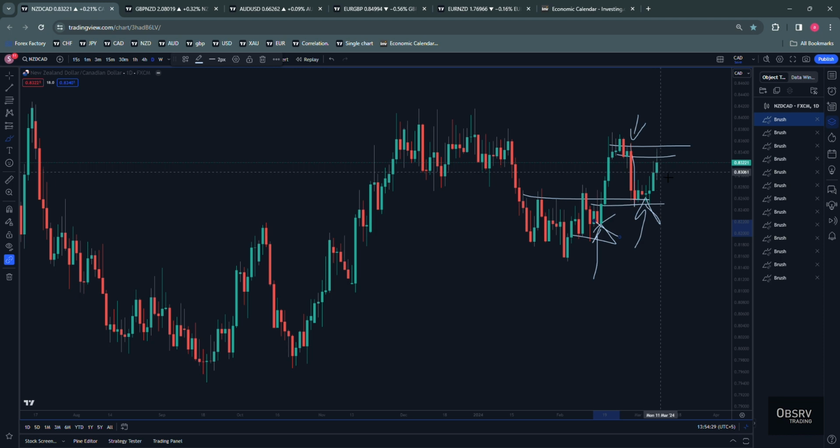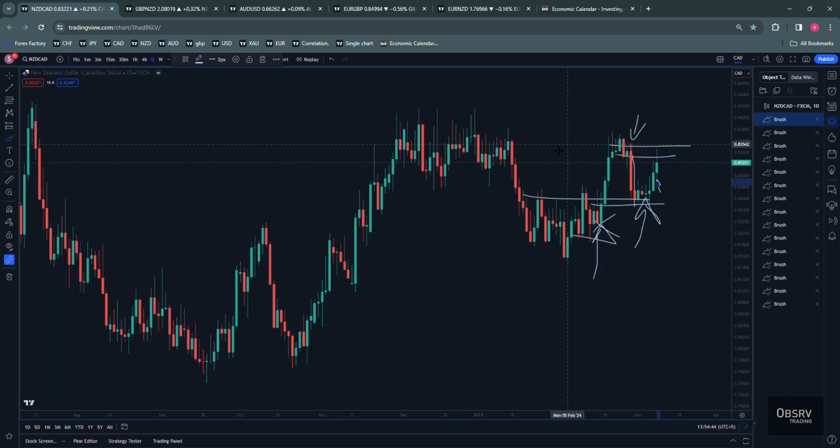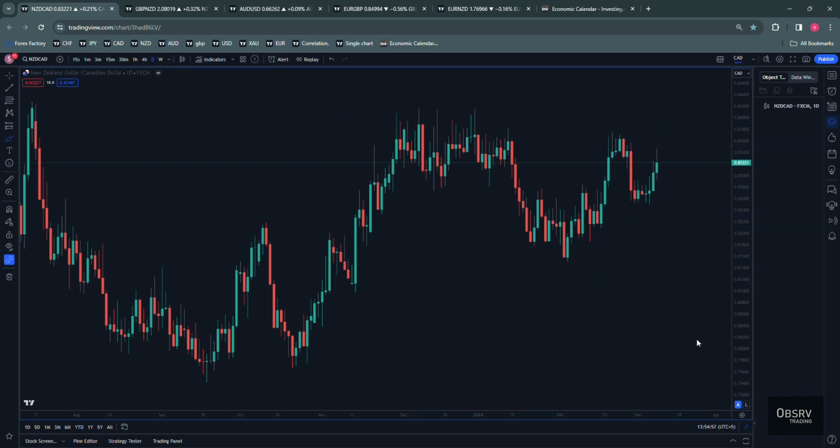But if you are interested to trade this, you would probably want to see a rollover in the area where the price is at right now. It looks unlikely at the moment because of what the recent momentum is. So if you're looking to trade this, I would suggest that you see the prices go through all of this mess. It's a very, very dangerous area for the prices to buy. So you would want to see the prices go through all of this mess and then probably you'd be able to buy. Not always, never interested in Kiwi CAD.